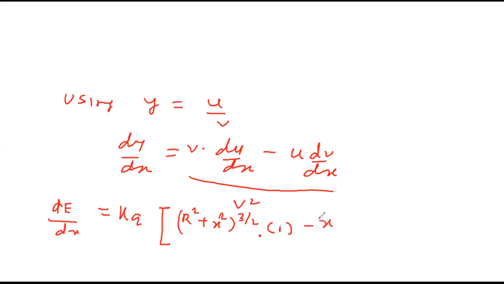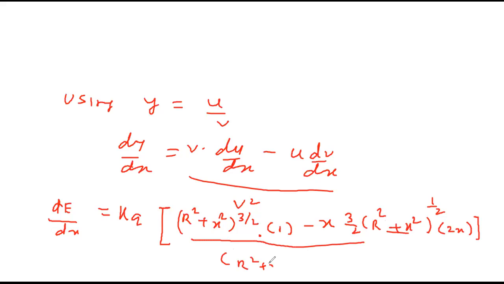Then u is x and the derivative of v will be power 3 by 2, r square plus x square raised to 3 by 2 minus 1 is half, into the derivative of x square, again because it is not total x, that is 2x, upon (r square plus x square raised to 3 by 2) whole square, and the total should be 0 for maximum or minimum.